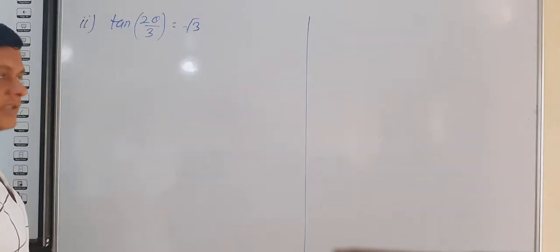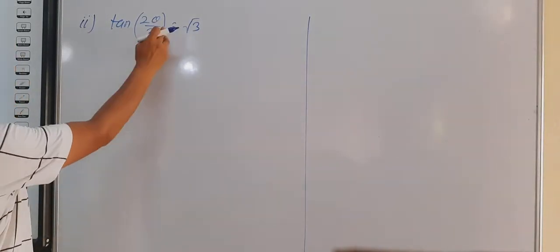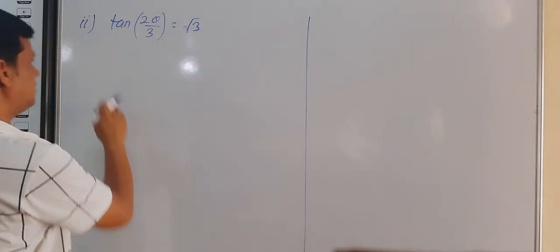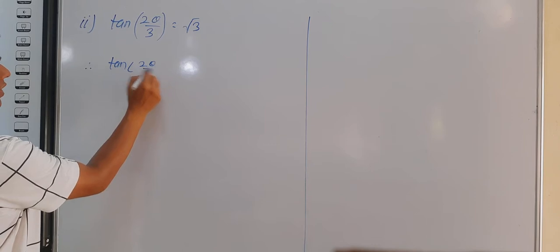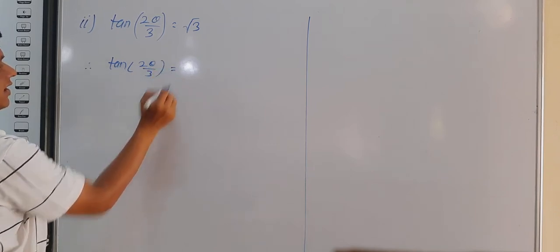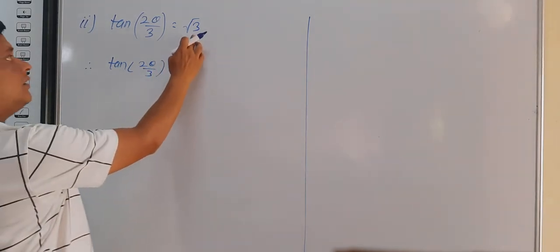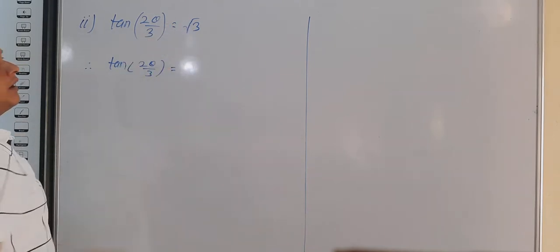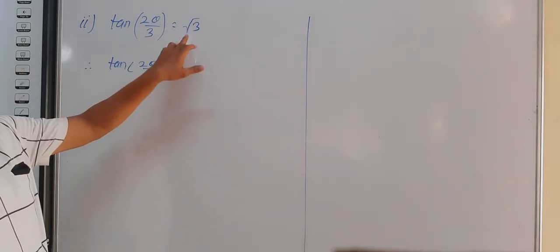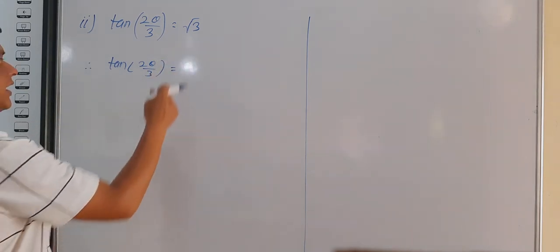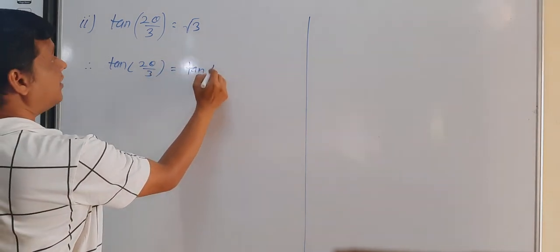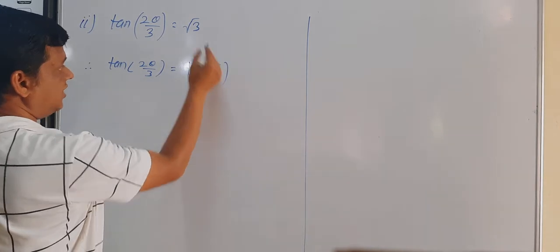Now see the next example. Tan 2 theta by 3 equals root 3. Therefore tan 2 theta by 3 is equal to, we know the value for angle tan pi by 3 is root 3. So we write here tan pi by 3, that is tan 60 is root 3.